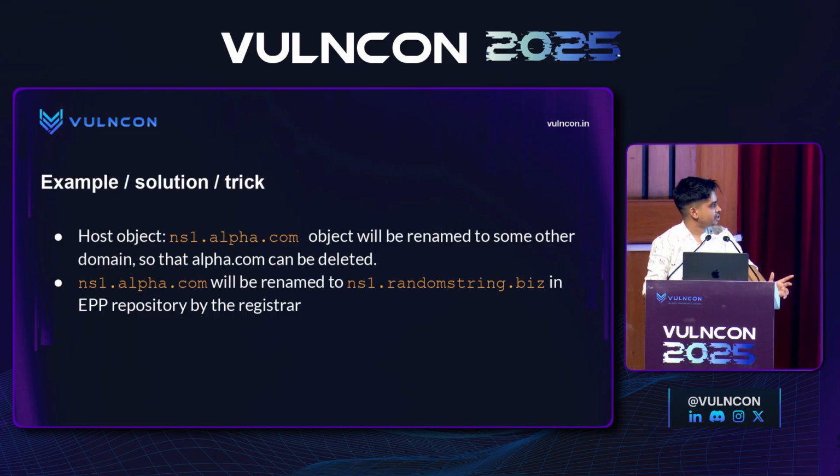But EPP has restrictions, so alpha.com cannot be deleted because it exists as a name server of beta.com, right? So registrars will rename the name servers of beta.com to be able to delete this particular domain. To be able to delete that, the registrar renamed it to ns1.some random string.biz and ns2.some random string.biz.